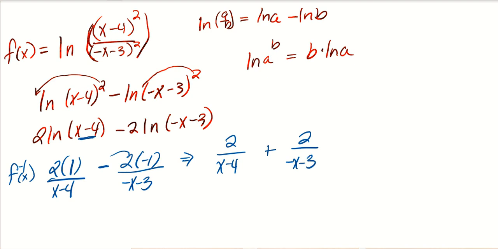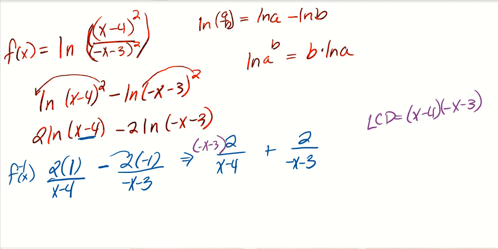So we need to combine our like terms. So we would look at, okay, what would be my LCD for this? So my LCD would be x minus 4 and negative x minus 3. So that means on my first fraction, on my first term, I am missing the negative x minus 3.